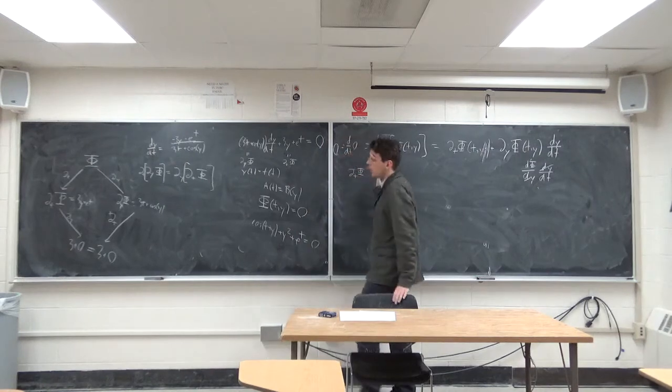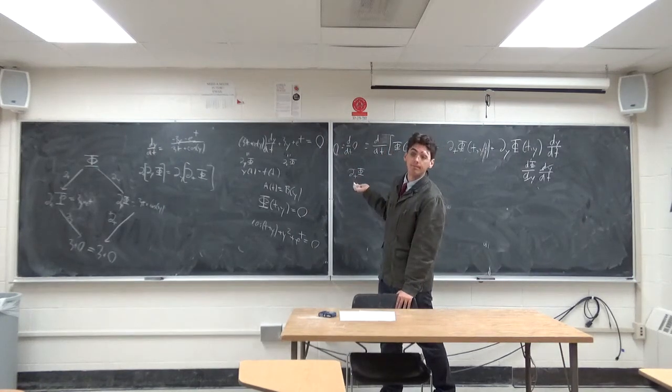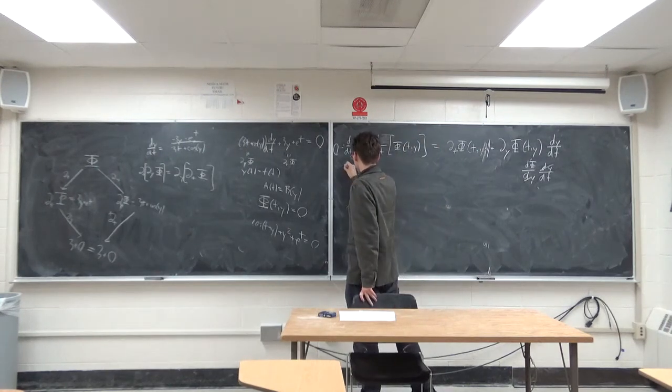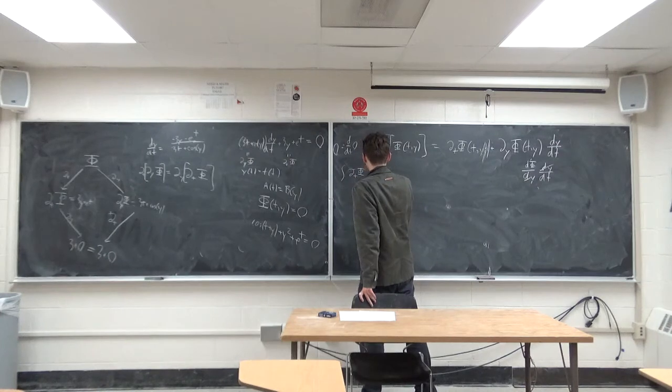What would I do in order to get phi again? Well, I have the derivative and I want to get phi, so let's take the antiderivative. Let's take the integral of this guy with respect to dt.